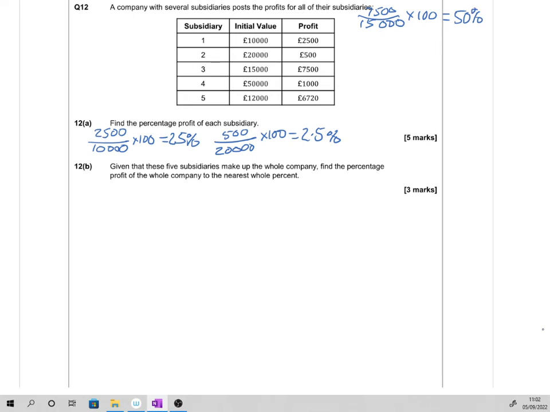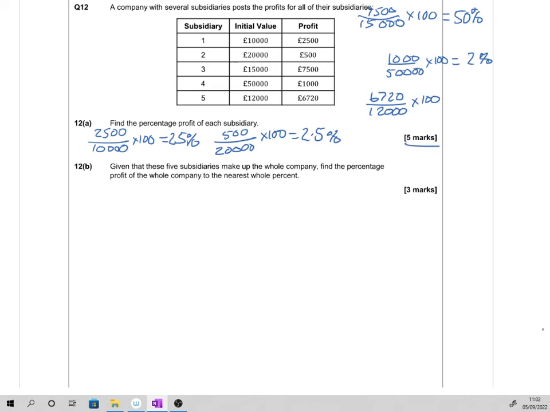The fourth one, 1000 divided by 50,000 times 100 is 2%. The last one, 6720 divided by 12,000 times 100.